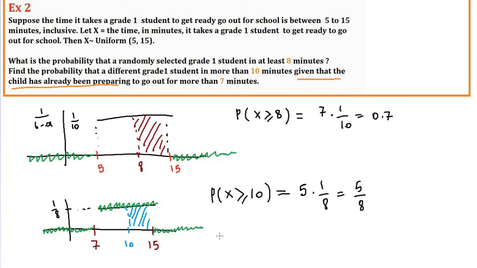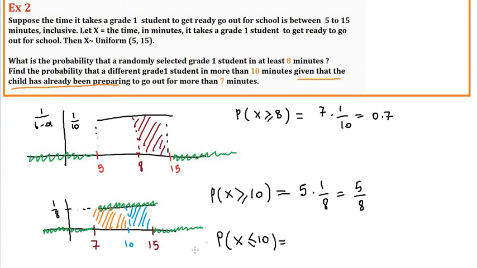Okay, what if the question was the probability that the student gets ready in less than 10 minutes, inclusive of 10 minutes? Then that would be the area of this orange rectangle using our new parameters, given that the student has already been preparing more than 7 minutes.